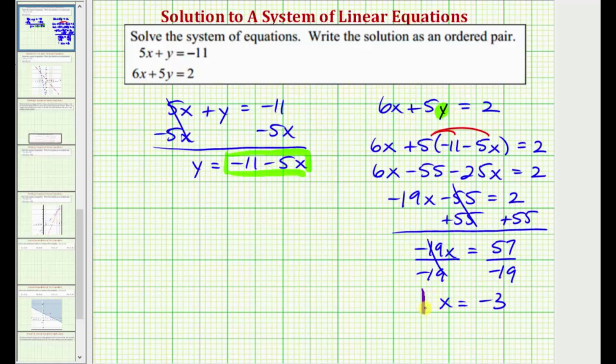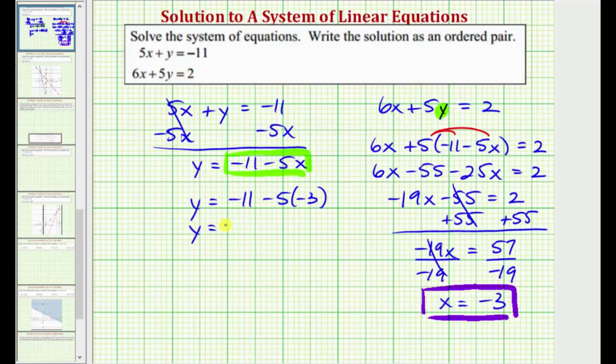Now that we know x equals negative 3, remember our solution is an ordered pair, so now we'll perform back substitution to determine the value of y. We'll use this equation here that's already solved for y. If y equals negative 11 minus 5x, then y must equal negative 11 minus 5 times the value of x, which we now know is negative 3.